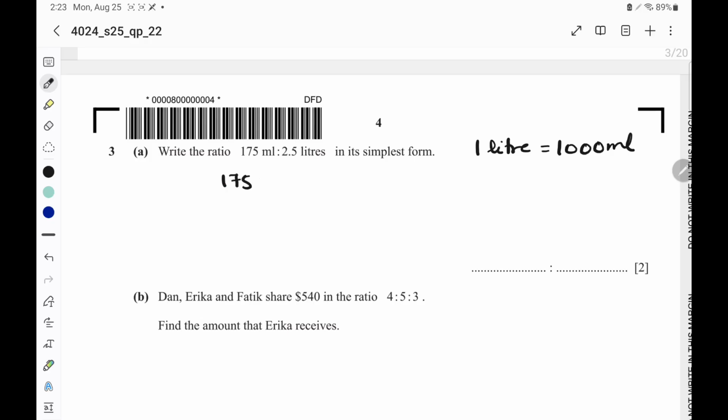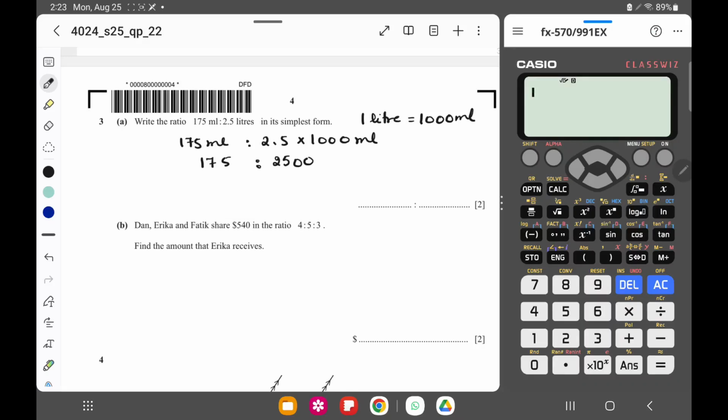That is 175 milliliters is to 2.5 times 1000, which is also in milliliters. So 175 is to 2500. You can use the calculator to check your answer, otherwise the same question can be done without the calculator also.